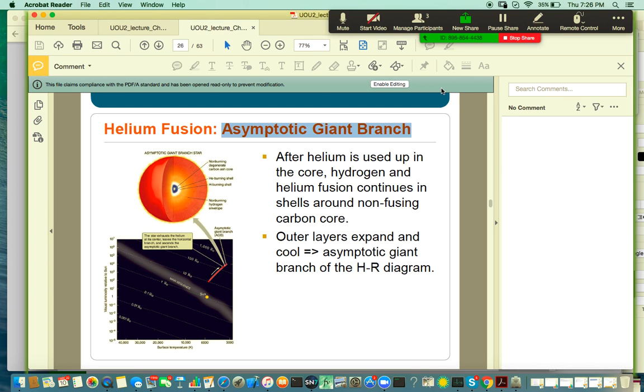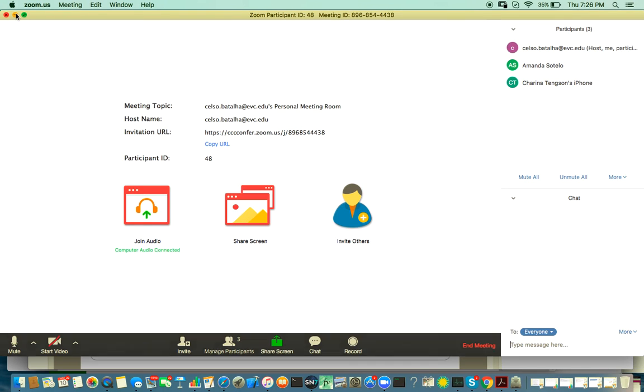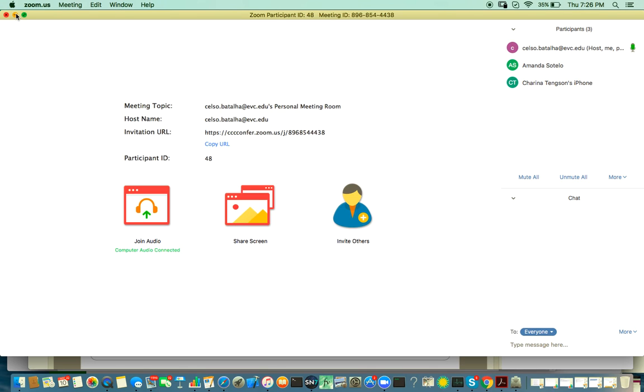And high mass elements in the periodic table are formed in this exploding event. Okay. So that's the main point of this chapter.